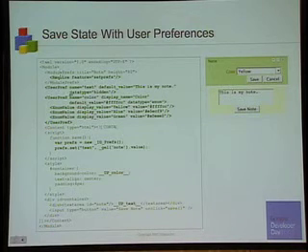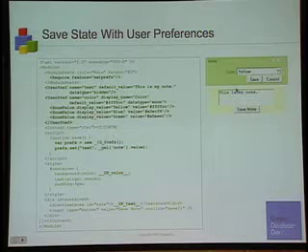Here I've created a user preference with the name of text, and I've given it a default value. It says, this is my note. And you can see that the default value shows up here in the text box. Just like before, I have a placeholder in my code.